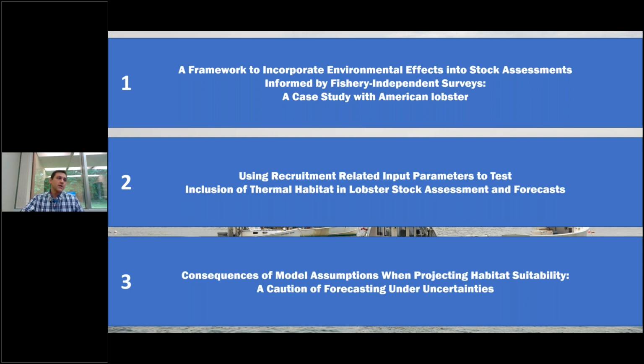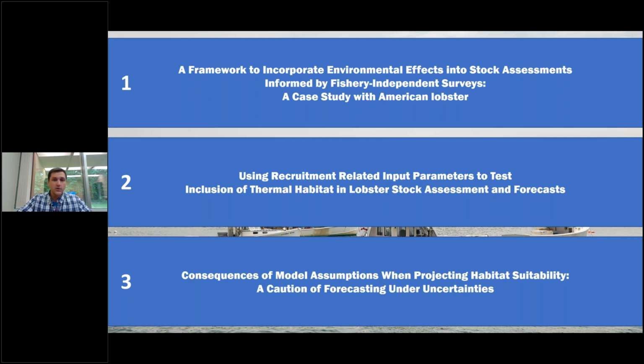So the presentation today is going to be split into three main parts. Part one will focus on how to test the necessity of inclusion of environmental covariates in survey indices for use in stock assessments. Part two will discuss how to derive environmentally explicit recruitment patterns and incorporation into the stock assessment process.